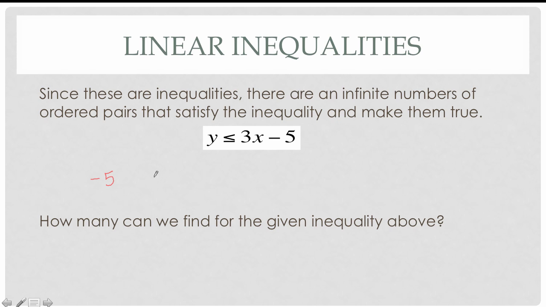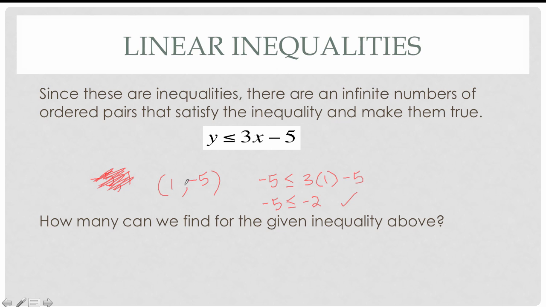If I put -5 in for y and 1 in for x, let's see what happens here. So -5, is that less than or equal to 3 times 1 minus 5? Well, yeah, -5 is less than or equal to -2. So that's true. There's one solution.